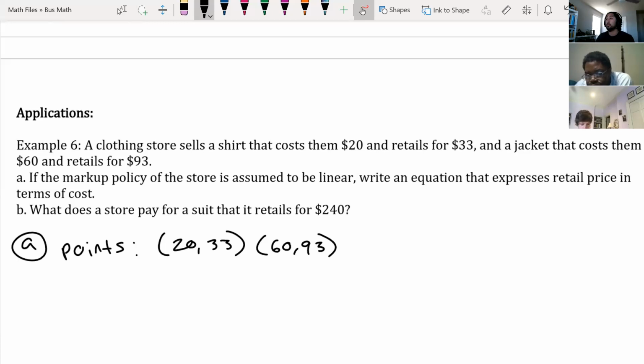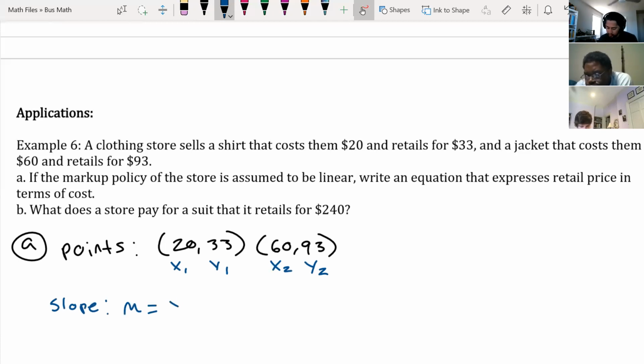And look at this, what can we find between 2 points? Slope. Okay, and this is all the information given from the actual problem. So now the next thing we're going to do is find the slope.